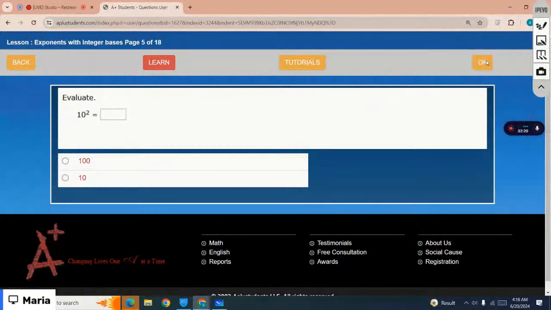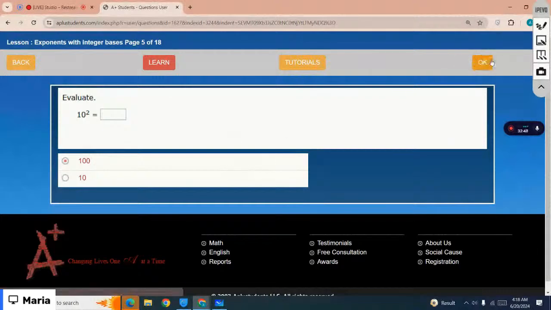10 square, which is the correct option? Yes, 100 it is. 10 times 10 is 100.